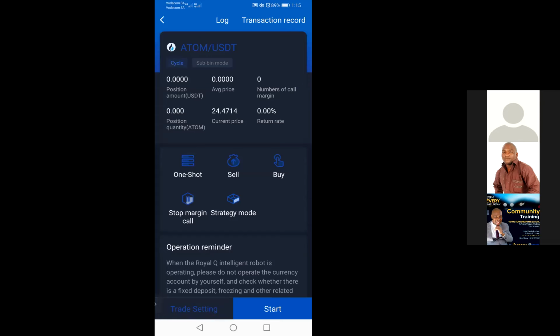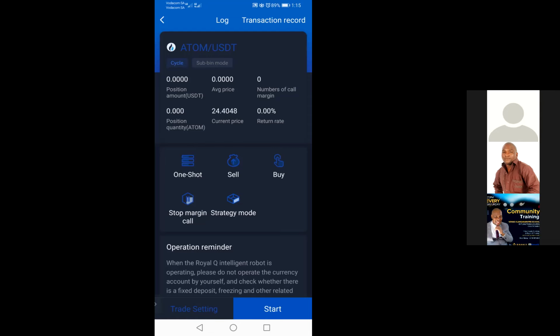It's a very good strategy in the sense of sub-bin mode, if I can explain for you. As you have seen on the distributed take profit allocation, from number 5 is different from number 1 to 4.